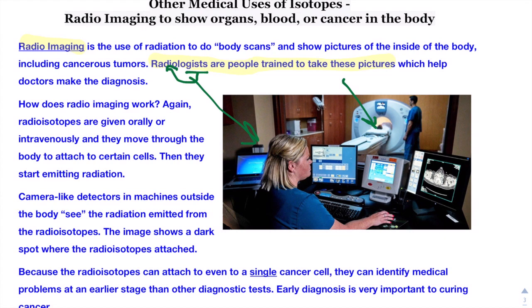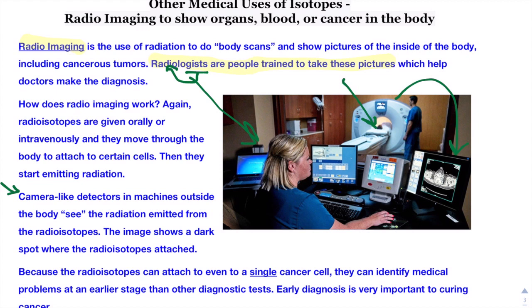And then camera-like detectors in machines outside the body see the radiation emitted from the radioisotopes. The image shows a dark spot where the radioisotopes attached. So the machine here sends an image, and then the radiologist can look at it, and the doctor will also look at it.